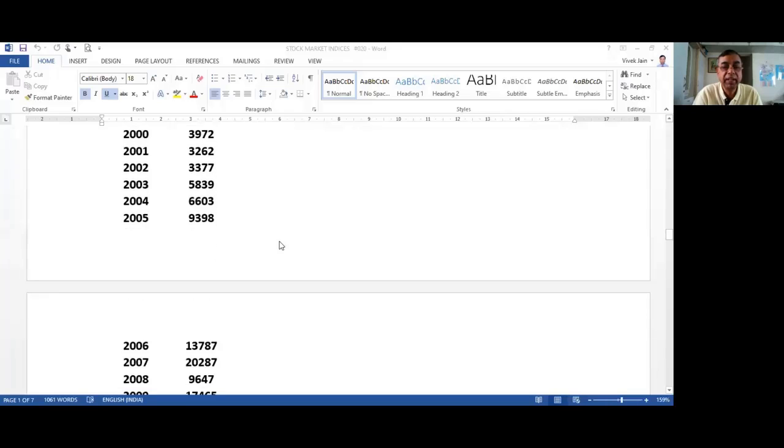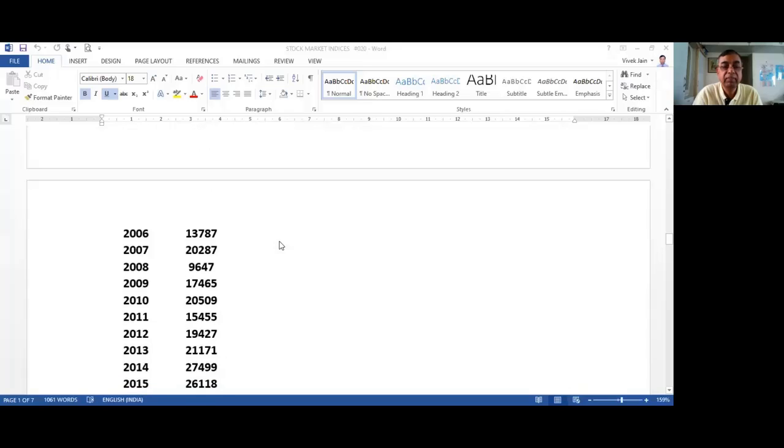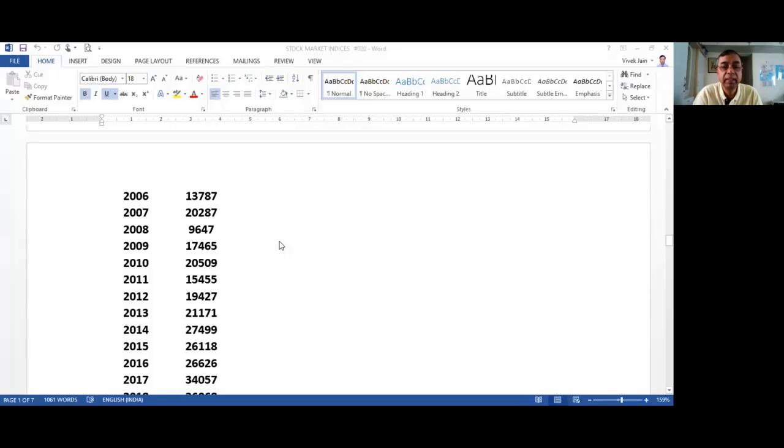Between 2005 and 2007, when there was a huge bull market, the Sensex went up to 20,287. Thereafter, as we are all aware, due to the Lehman crisis, globally, all the indices of the various stock markets fell quite sharply. In 2008, the Sensex was at 9,647.